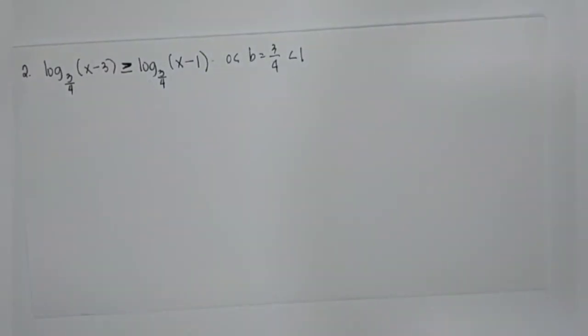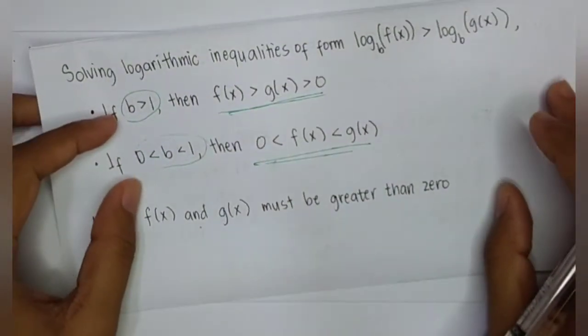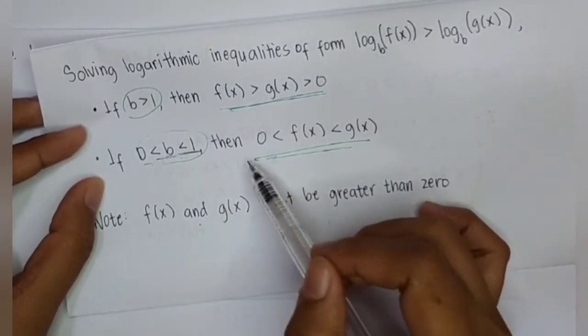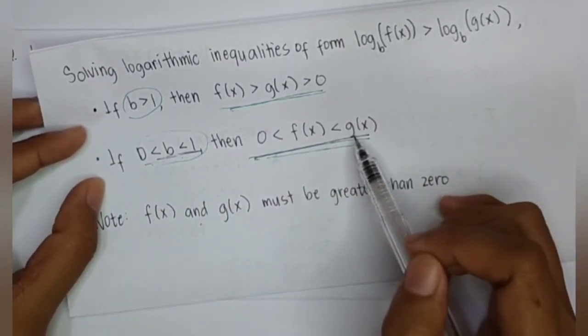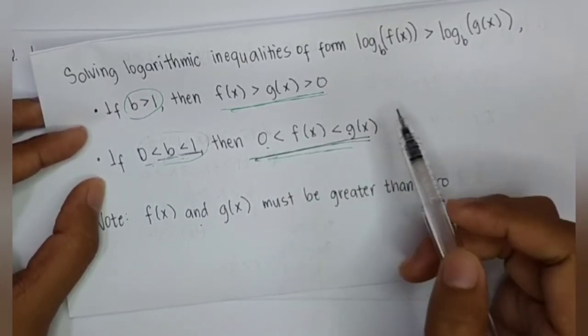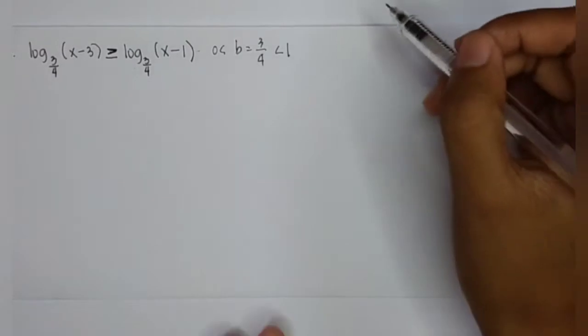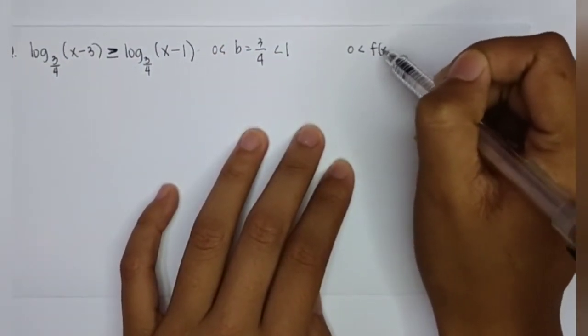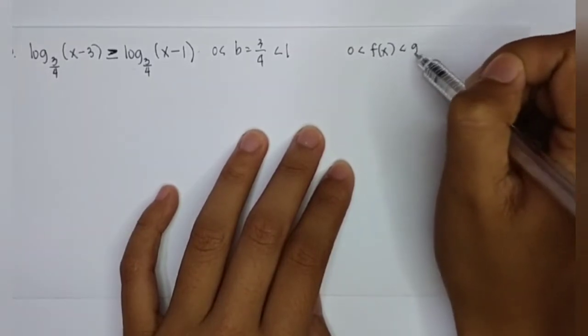What will we use? Let's go back to the properties, the conditions from earlier. If b is in between 0 and 1, that will be 0 less than f of x, and f of x is less than g of x. So we copy that. What is our f of x and what is our g of x?